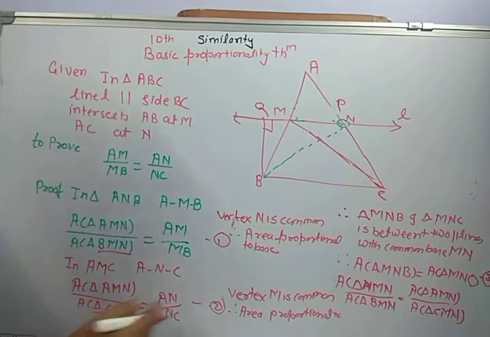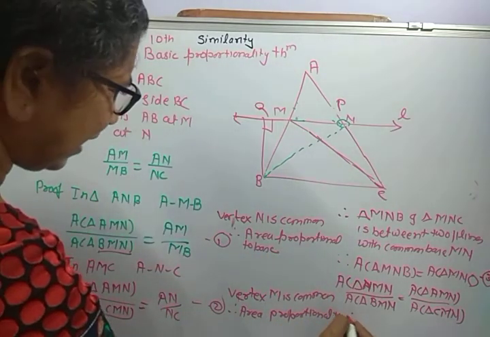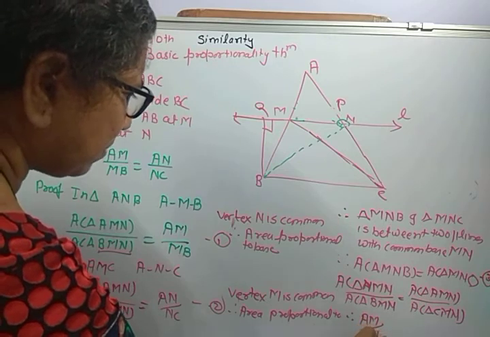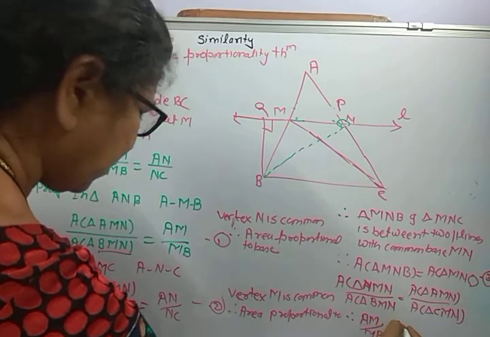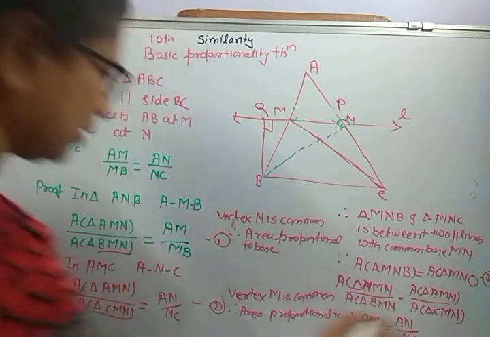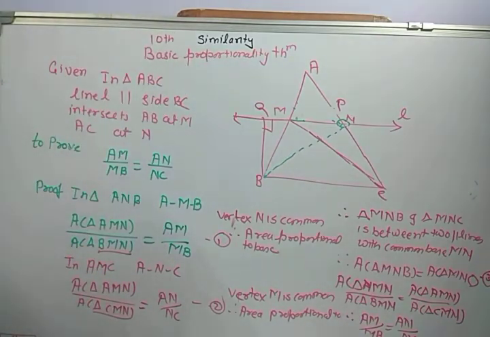As the left hand sides are equal, the right hand sides must be equal. Therefore AM upon MB is equal to AN upon NC. This is what the basic proportionality theorem is.